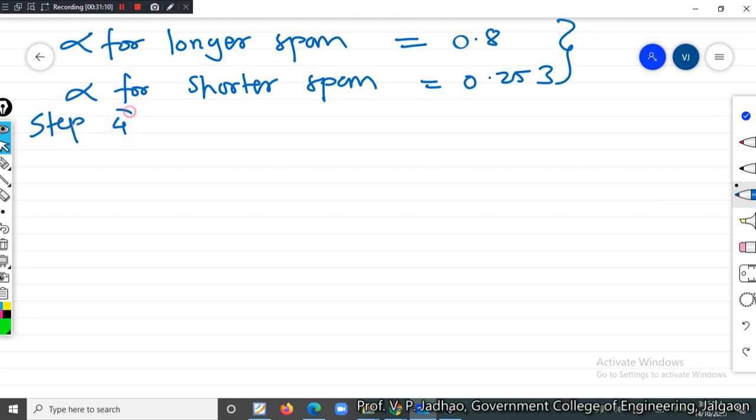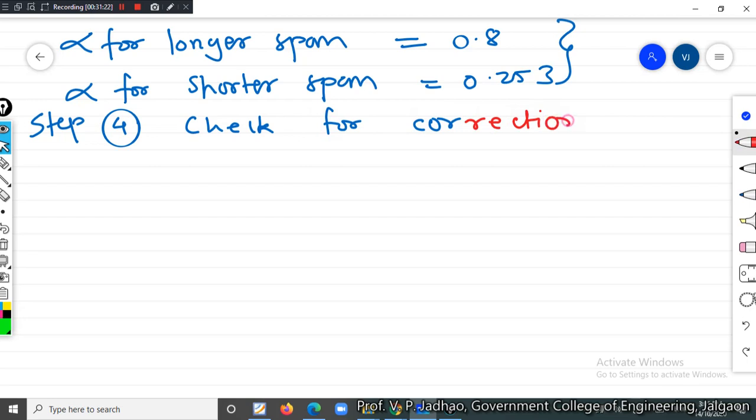Step number 4 is check for correction due to pattern loading.